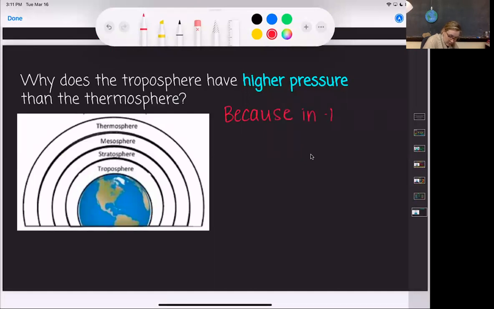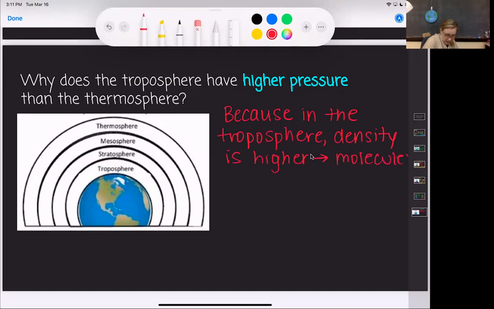in the troposphere, density is higher, meaning molecules are closer together and more likely to collide.